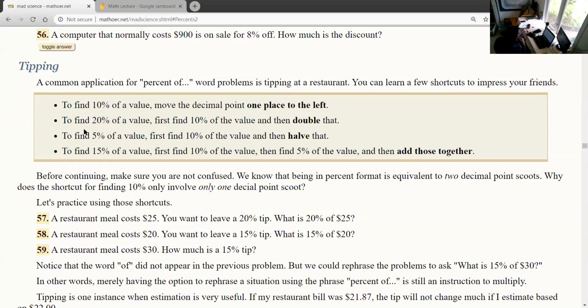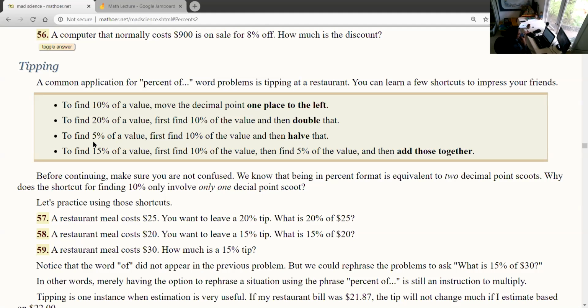How would I find 20%? Well, I could do one scoot to the left, and that would get me 10%, and then I double it, because twice 10% will be 20% of something. Similarly, if I want 5% of a value, first I get the 10%, and then I take half of that, since 5 is half of 10.